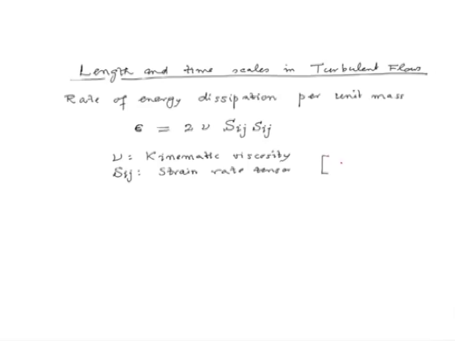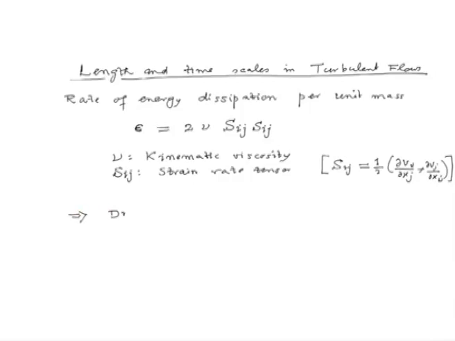So, this Sij was defined as half of del Vi over del Xj plus del Vj over del Xi. So, you can clearly see the strain rate in the fluid anywhere is proportional to the velocity gradients, and this epsilon depends on the product of the strain rate tensor with itself. So, one consequence is very clear, that the higher the velocity gradients, the higher would be our dissipation rate.